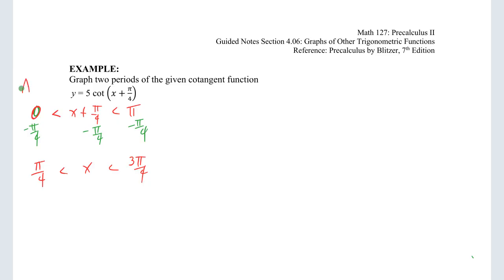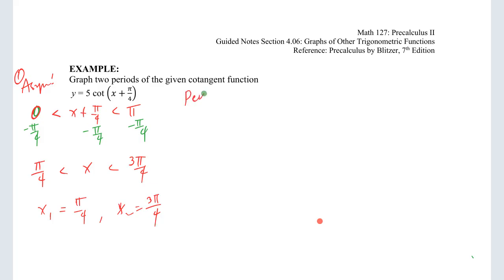I am solving for the two consecutive asymptotes, which is the first step. So therefore, the first asymptote here is pi over 4, and the next asymptote would be 3 pi over 4. Next, after identifying the consecutive asymptotes, we now identify the period and then the increment.